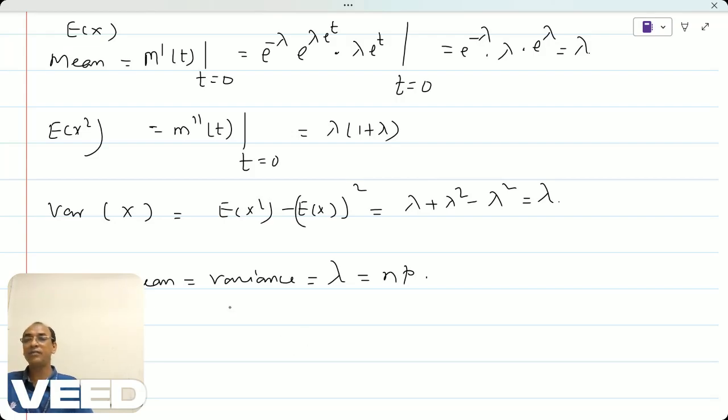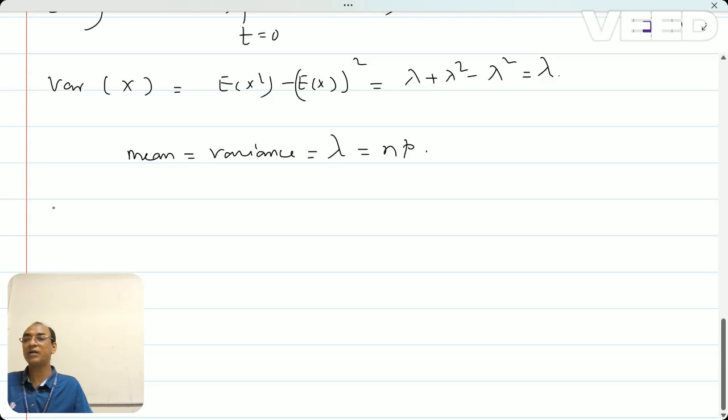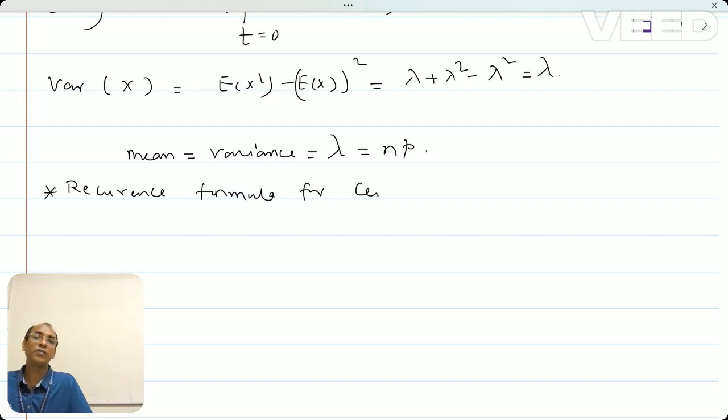Now here I want to give you the recurrence formula for central moment of P lambda, meaning Poisson distribution.